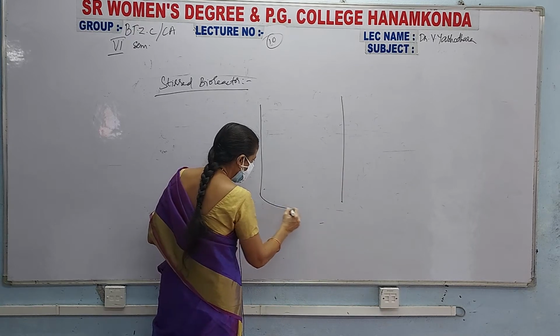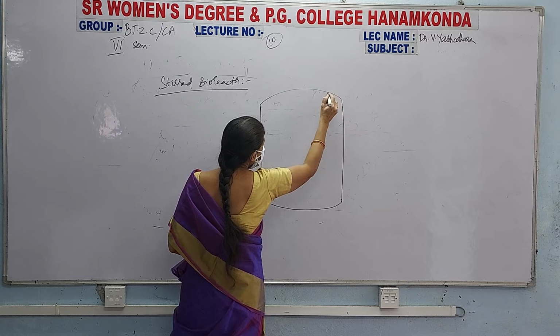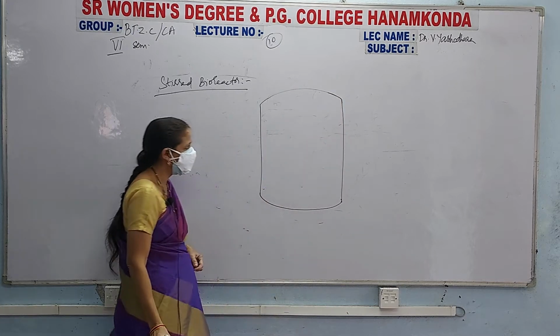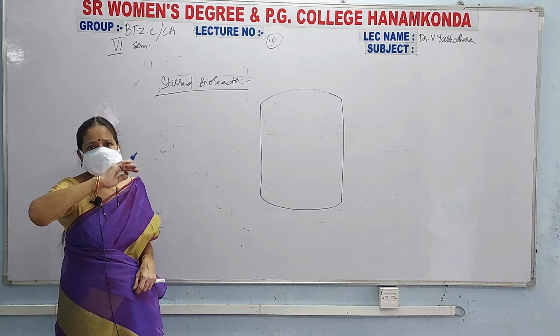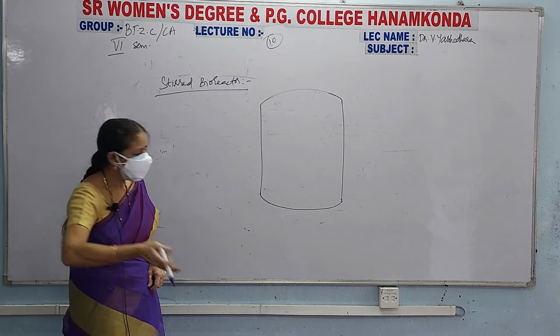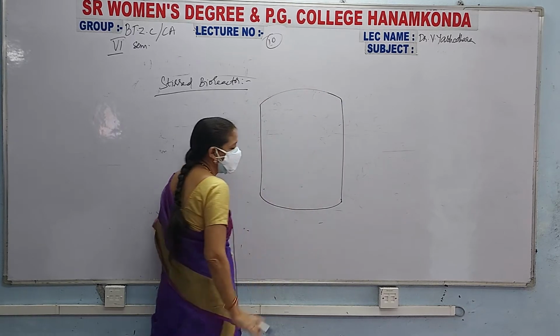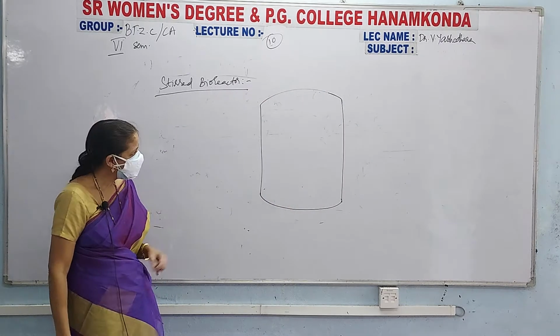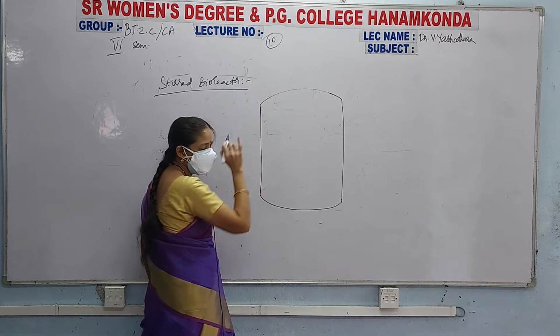See here, a stirred bioreactor is a cylindrical vessel which is closed on both sides with semicircular, hemispherical domes, covering the top and the bottom of the bioreactor. It is made up of stainless steel.